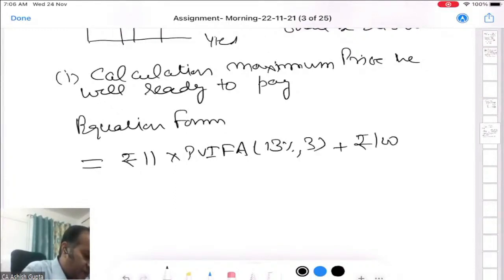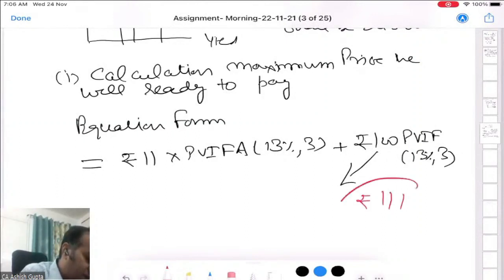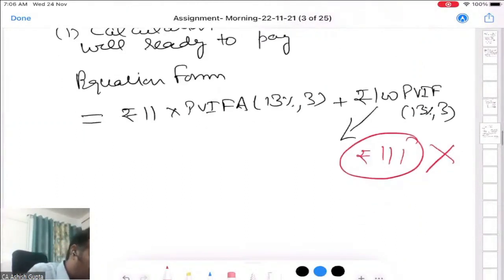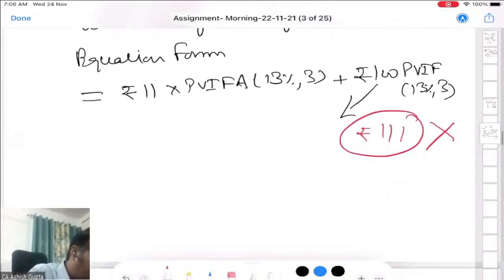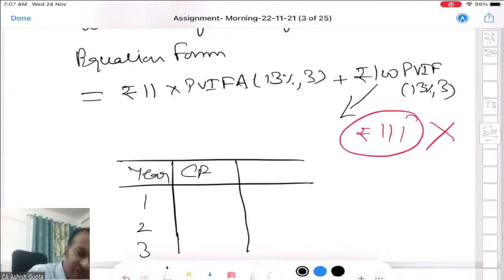my repayment of principal. Now students, please recall, sometimes students commit a mistake. They take this value inclusive of the interest. It is a common mistake that I have observed. Sometimes students use rupees 111. This is completely wrong. Please remember, when we use a tabular form, the years are 1, 2, 3, and of course our cash flow is there because it is based on capital budgeting techniques.